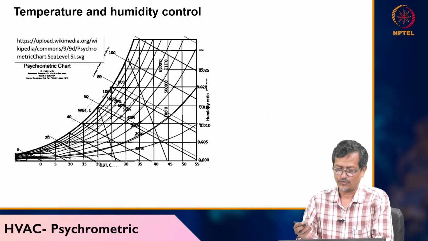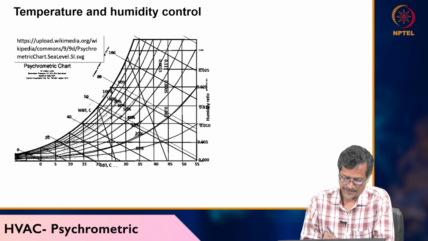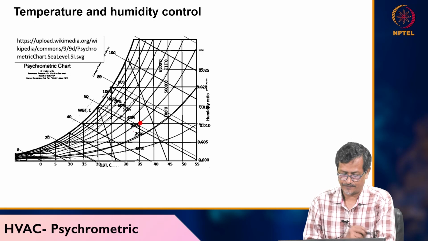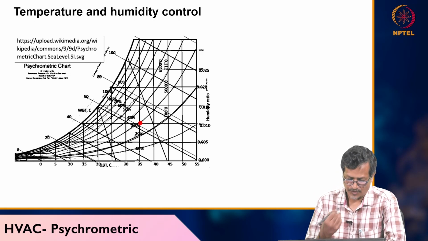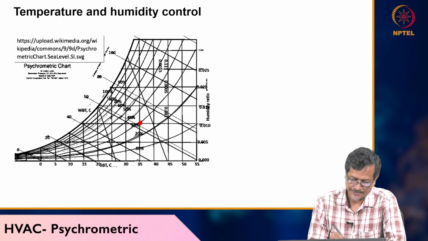Okay, temperature and humidity control. So say today the temperature is, for example, 35 degree centigrade and 30% relative humidity. Now if I ask you to make it 25 degree centigrade and I need humidity 60%, what will you do? This is the 60% line and this is the 25 degree centigrade temperature.